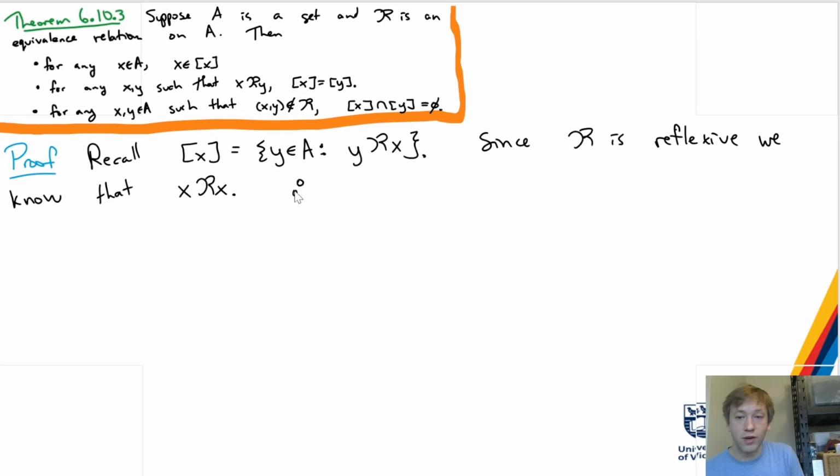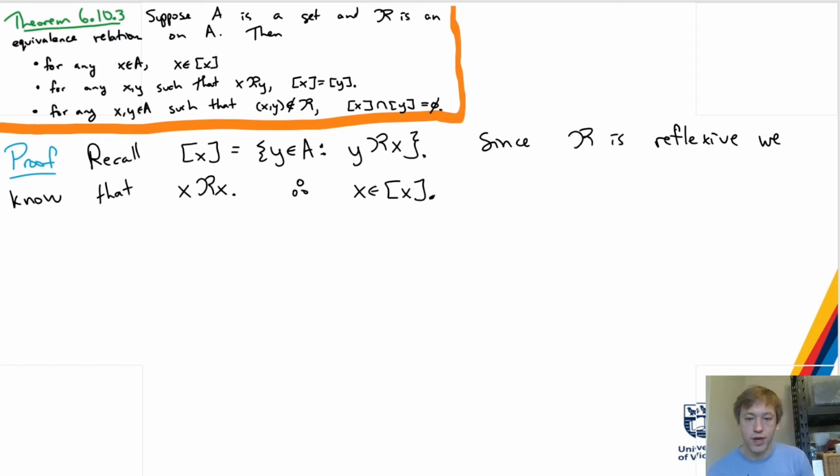So therefore, by definition of the equivalence class, x is in the equivalence class of x. Like I said, this all comes down to understanding the definition of equivalence class, understanding the definition of reflexive, and remembering that an equivalence relation is always reflexive.